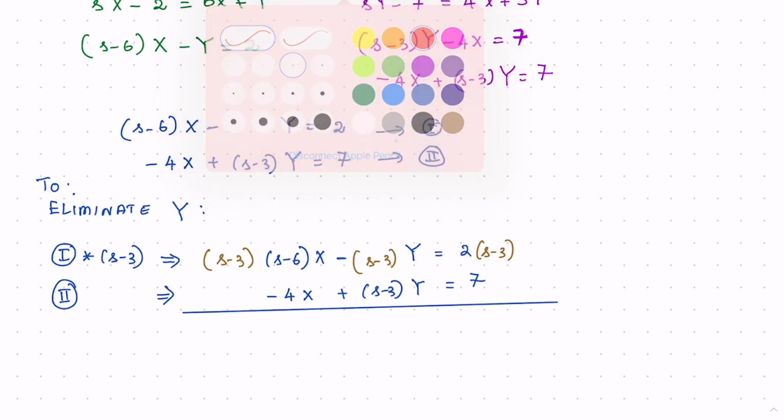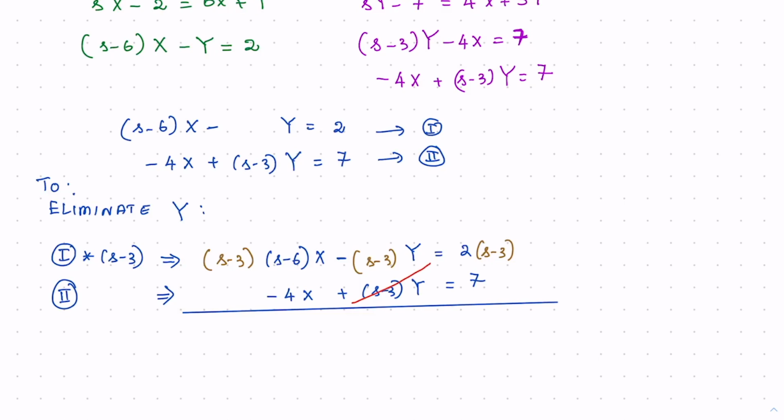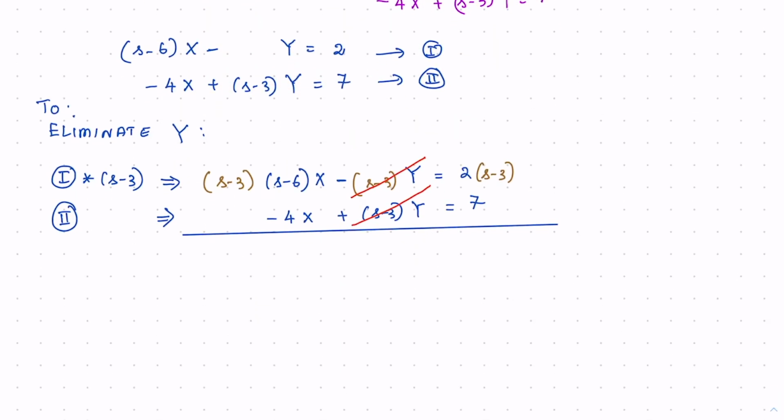When I do that, you're going to see that these two are gone. So y is history now. And if I simplify the rest, ladies and gentlemen, then I'm going to be left with s minus 3 multiplied by s minus 6 cap X minus 4x, which is going to be equal to 2 times s minus 3 plus 7, right?